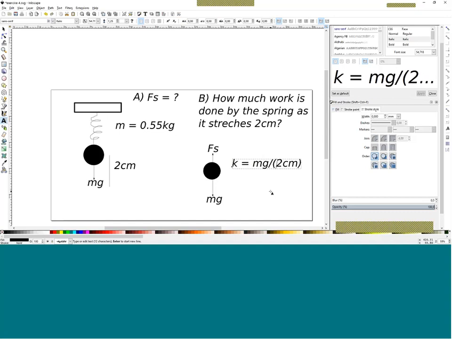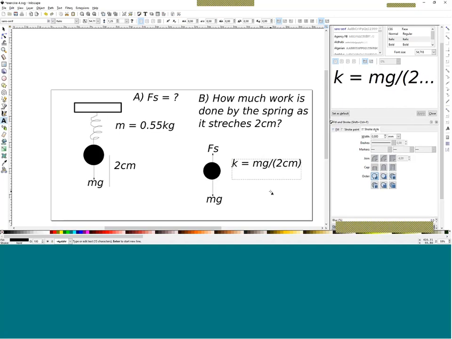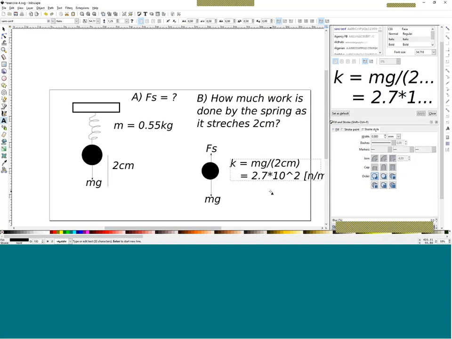So using the terms d and r might help alleviate the situation. So we can determine that K, hopefully, is equal to 2.7 times 10 to the power of 2, and we call that newtons per meter.